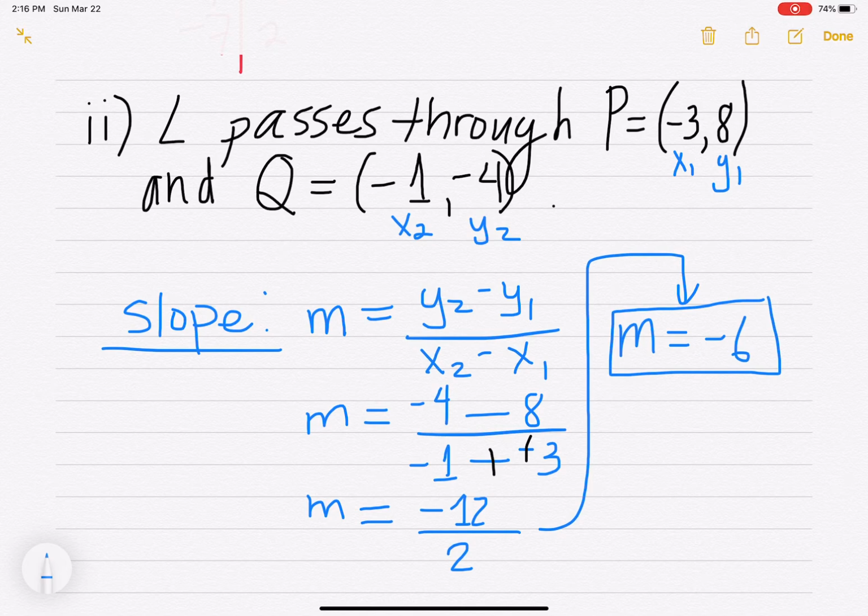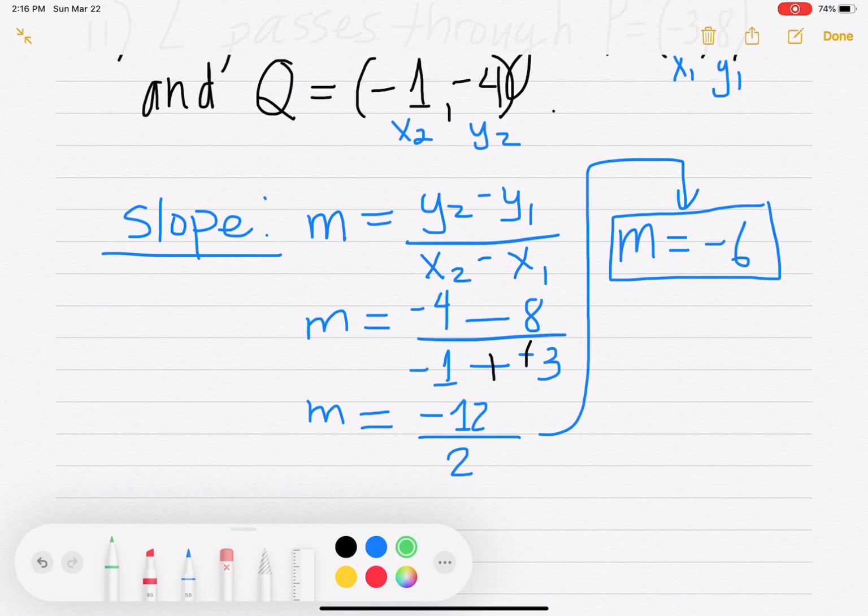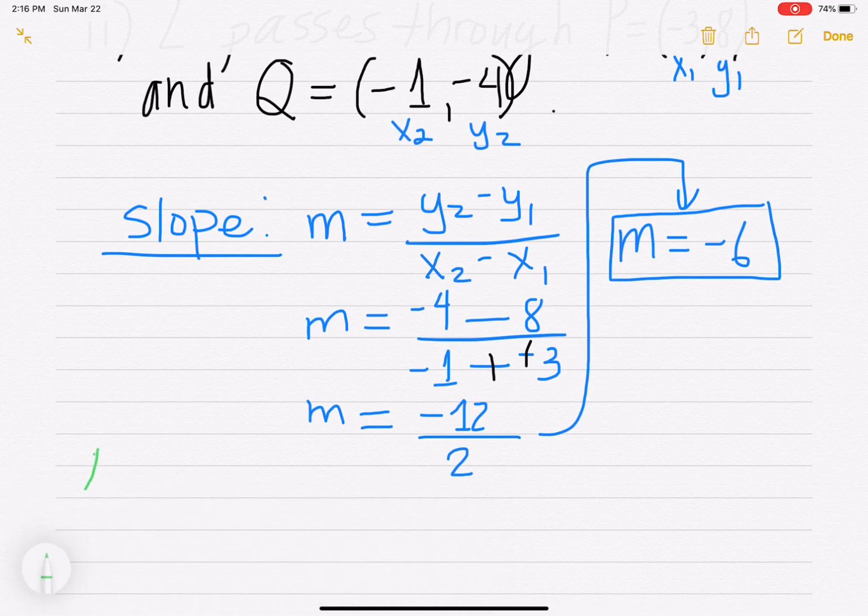So you have a slope, and you got a point. Actually, you have 2 points. So you can use the point-slope form when you have a point and a slope. That's what I'm going to do next. Point-slope form equation.